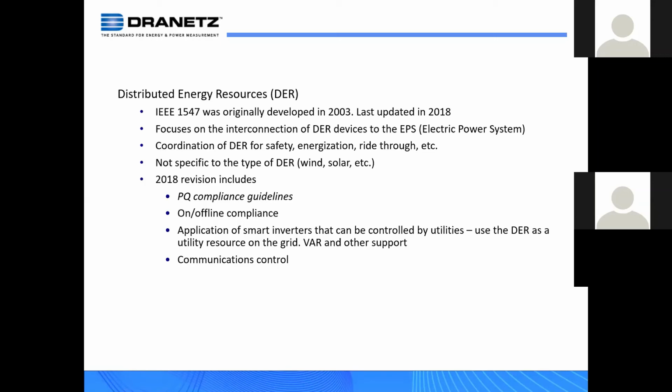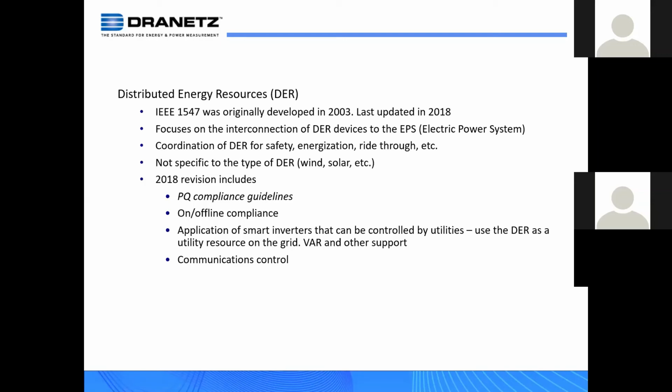But these smart inverters can be remotely controlled by the system owner as well as the utility. So when the utility, contractually, identifies a problem with the DER, they can shut it off, or they can use the DER as an asset and increase its reactive power, or do other things to use it as an asset on the power system.